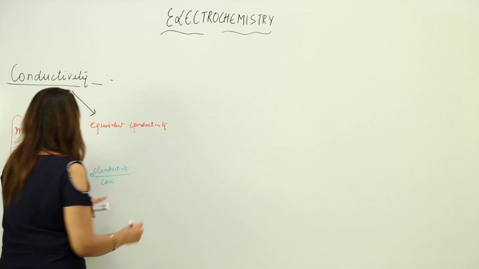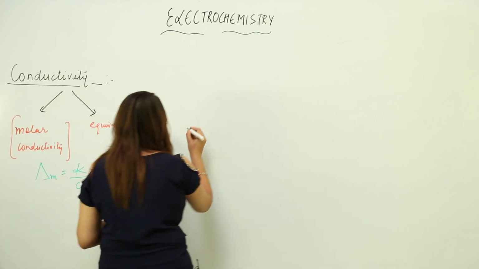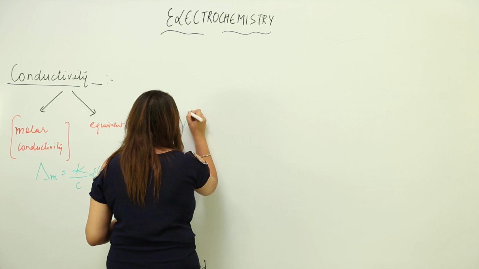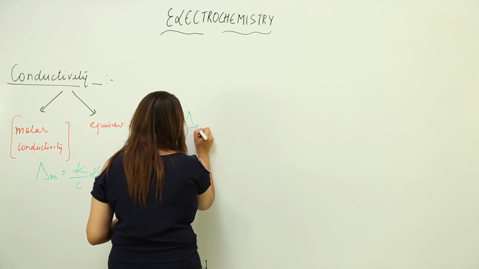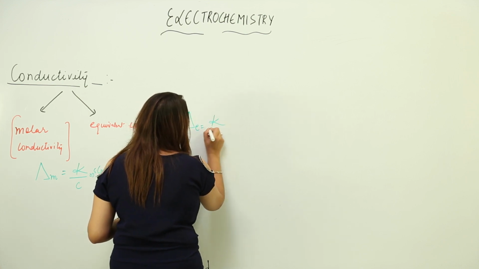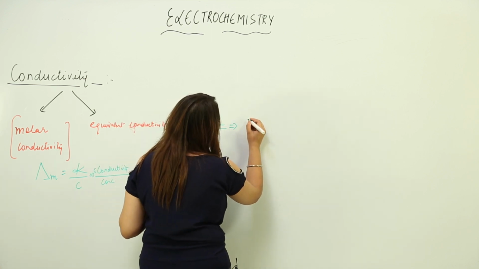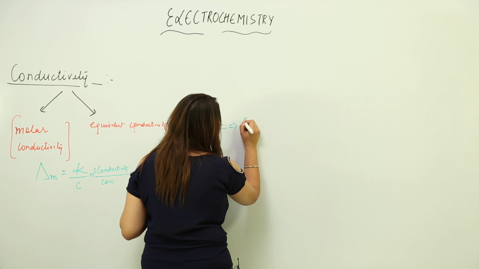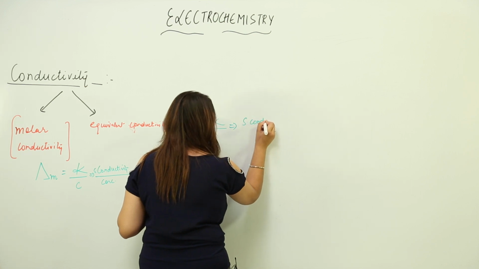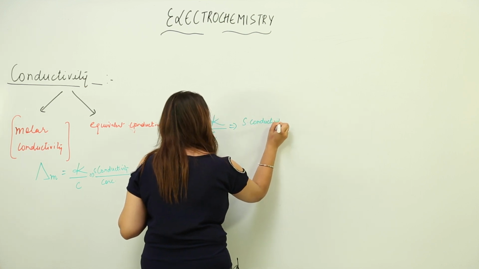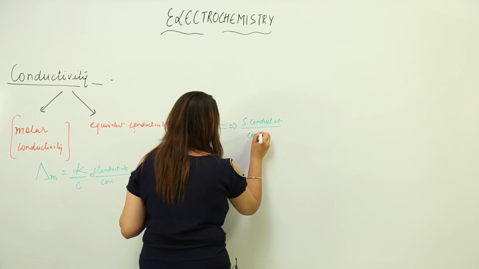And when we talk about equivalent conductivity, it is denoted by lambda E and it is equal to kappa upon concentration. Here again kappa is the specific conductivity and C is the concentration.